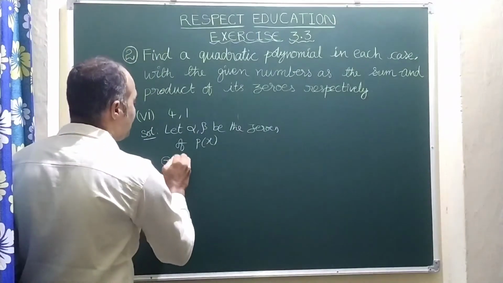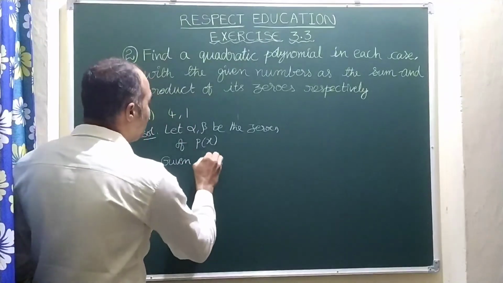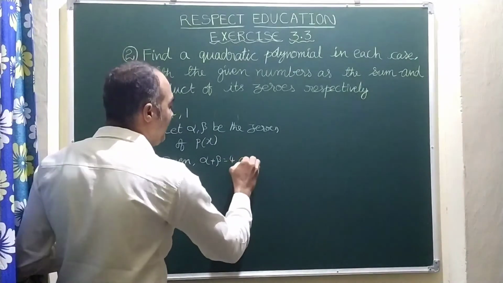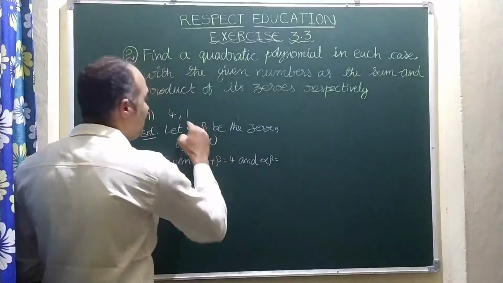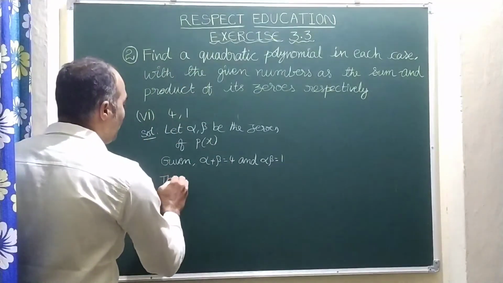Then here first let us get the given values. Given this 4 indicates sum of the zeros, means alpha plus beta is 4 and alpha beta, product of zeros, is nothing but 1, right?